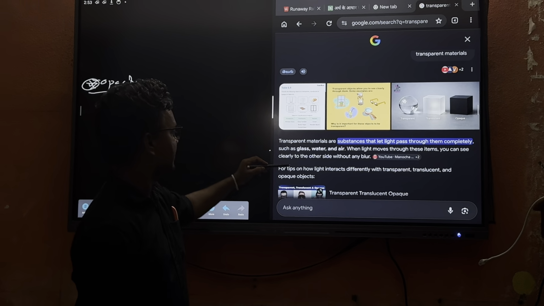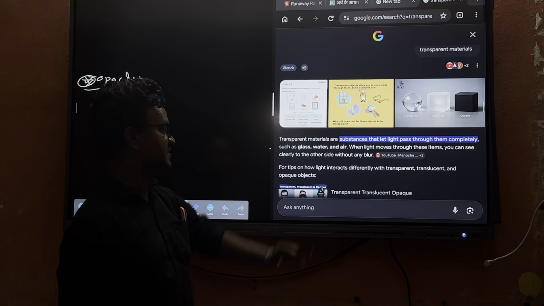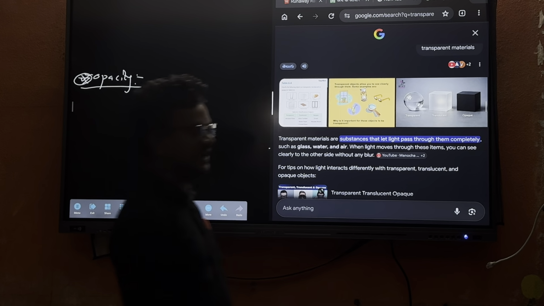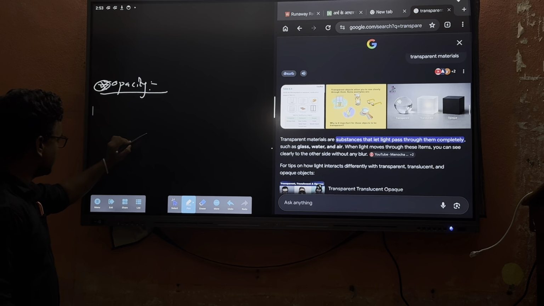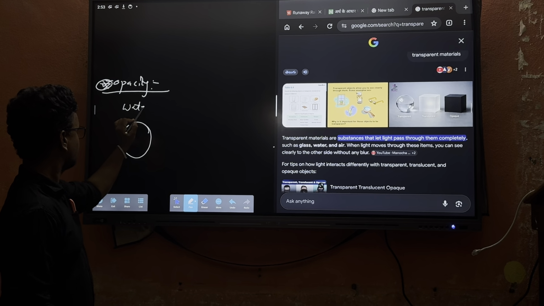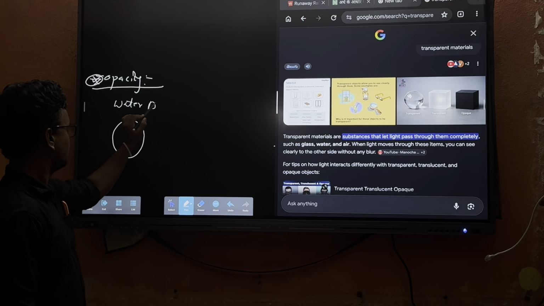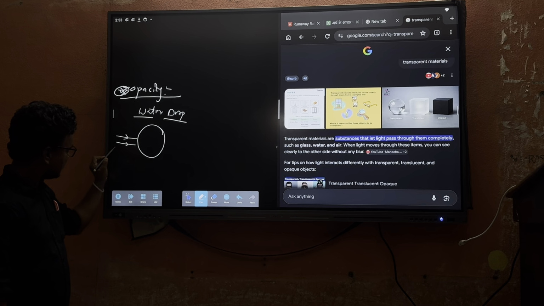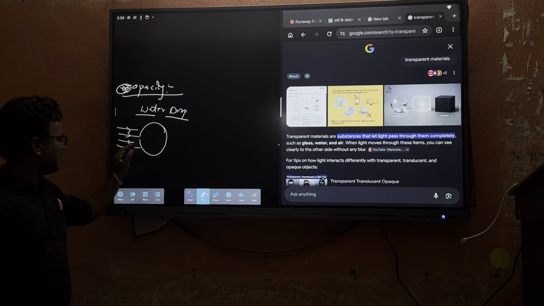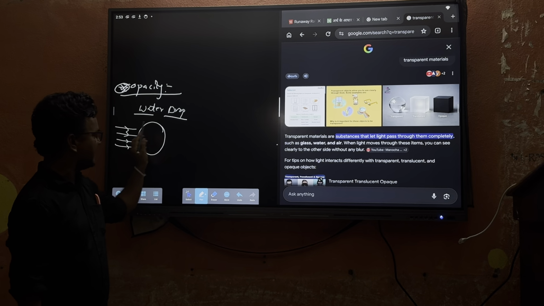First of all, we have to see the transparent materials: substances that let light pass through them completely. Take one object here, a water molecule. Now it is a water drop. When light is incident on the surface of the water drop, the drop completely allows the light inside.